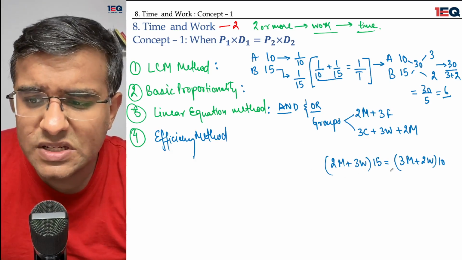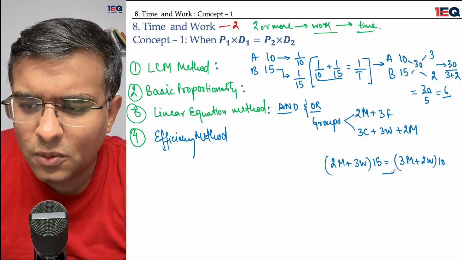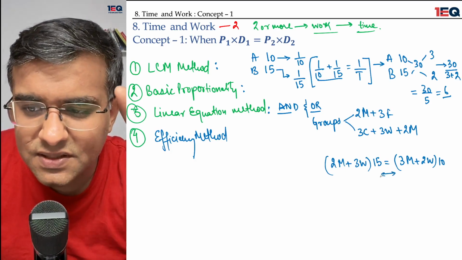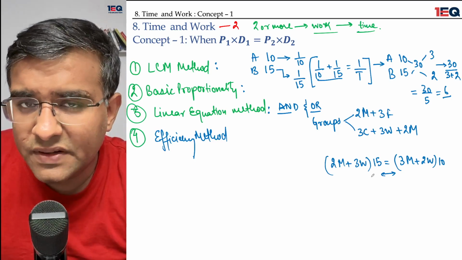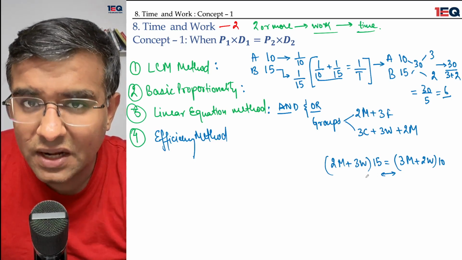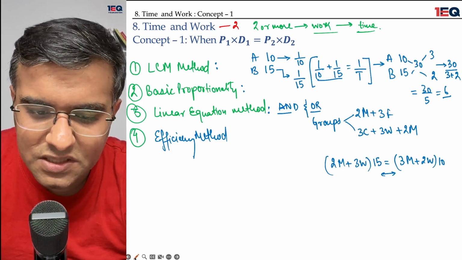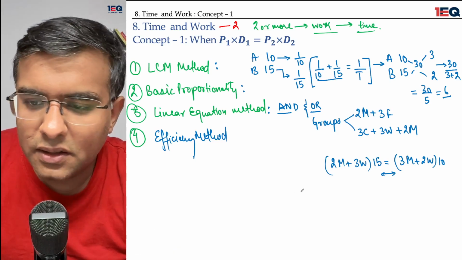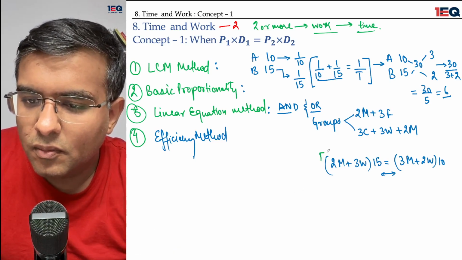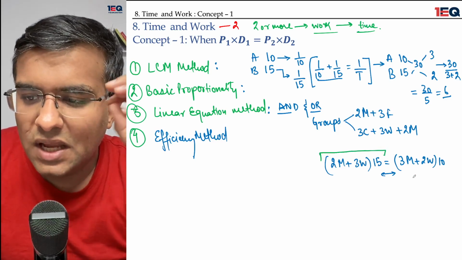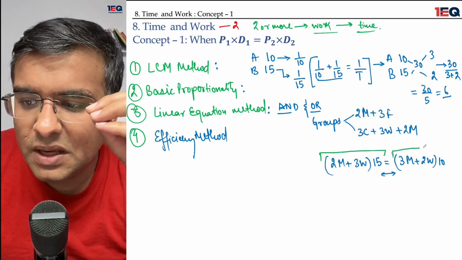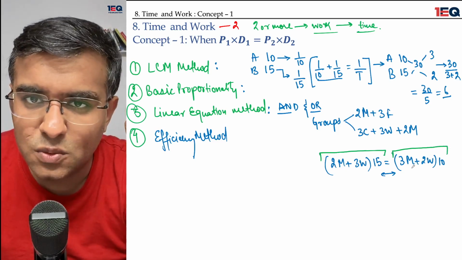What does the linear equation method say? There is supposed to be an equal sign between the two situations. Whatever situation is on the left stays on the left, and whatever situation is on the right stays on the right. So the entire situation of 2 men and 3 women working together is one situation, and the entire situation where 3 men and 2 women are working together is the other situation.